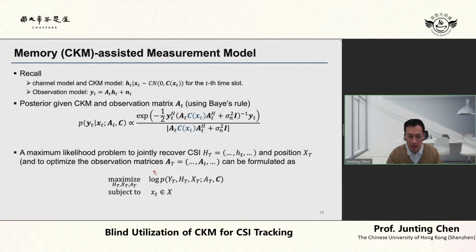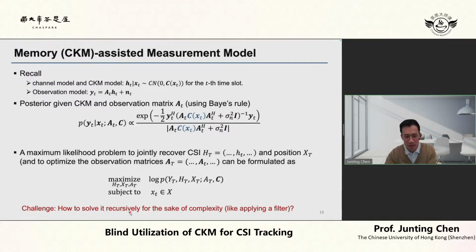So with this, and then with the mobility model, we can find a joint probability between all the CSI observations, or the channel h of t, and then the entire trajectory, right? Given all the observation matrices for every time t, as well as the CKM, right? In terms of the covariance matrix for each possible location. And the key to solve this problem is that we have to restrict our variable to a discrete set X, right? Otherwise, it's very difficult or maybe unable to solve.